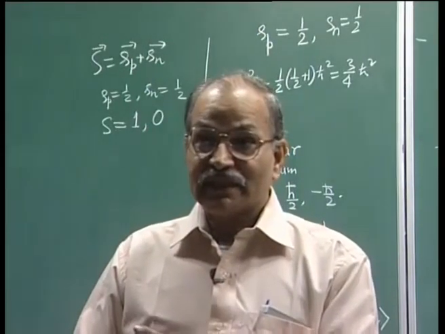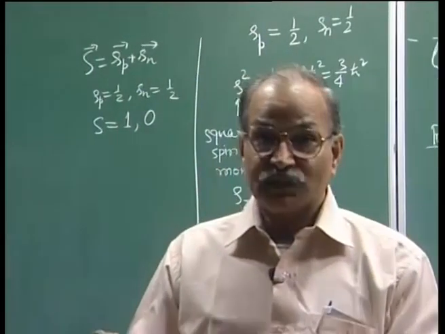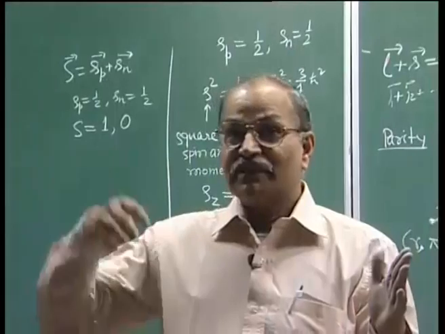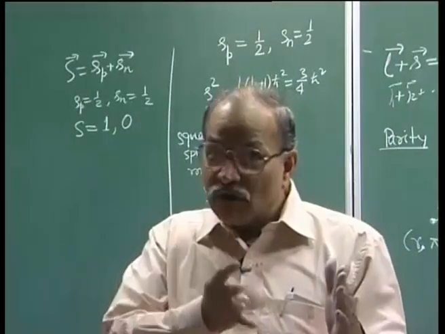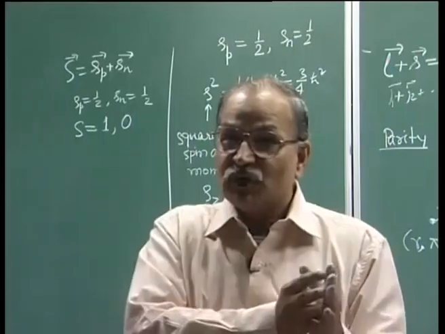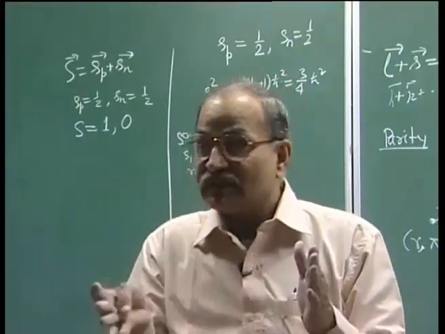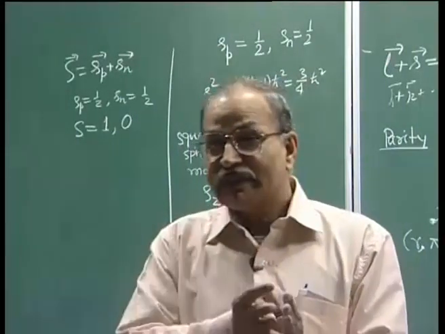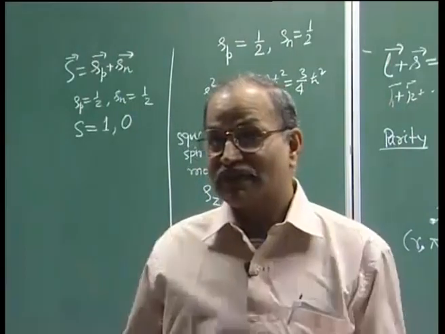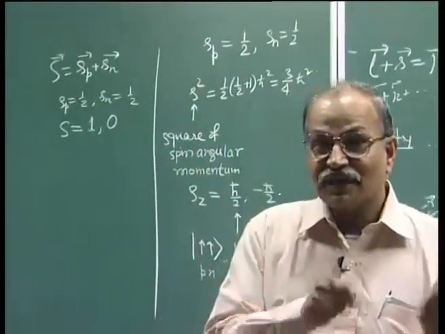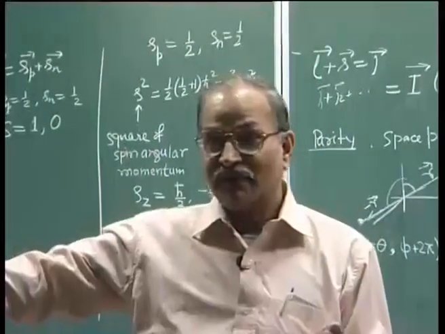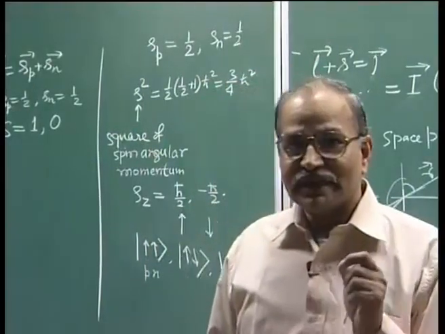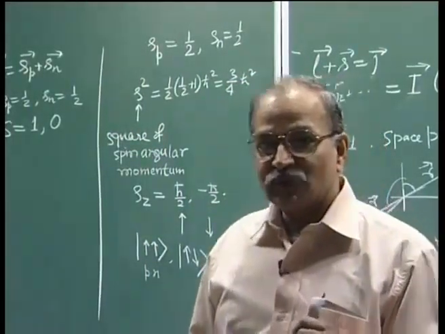The general rule is, if you are coupling two angular momenta J1 and J2, it can be J1 plus J2, it can be J1 minus J2, and all the numbers in between, if you go in steps of 1, decreasing by 1, from J1 plus J2 to J1 minus J2. So, all those things are possible. So, here half plus half to half minus half in steps of 1. So, you only have these two values 1 and 0. So, capital S can be 1 and capital S can be 0.